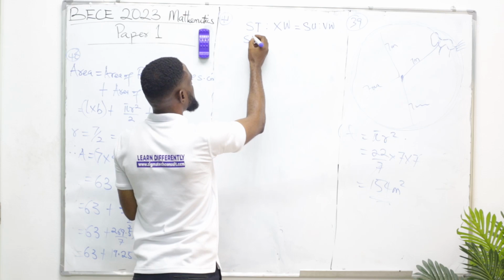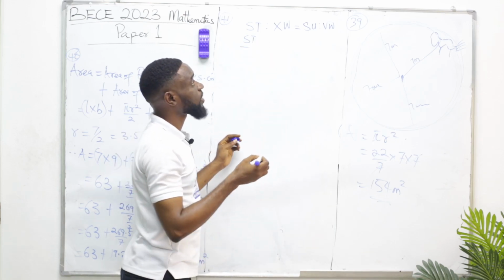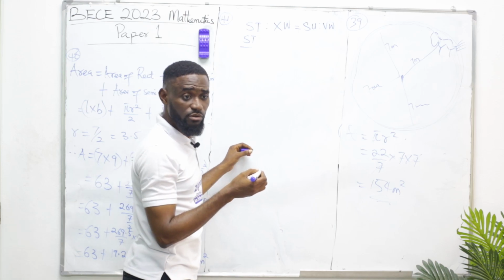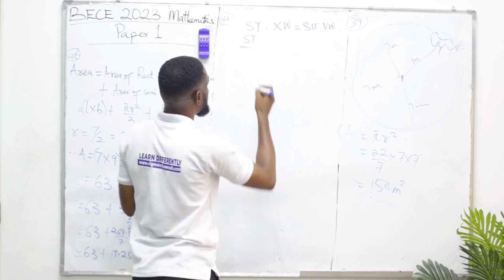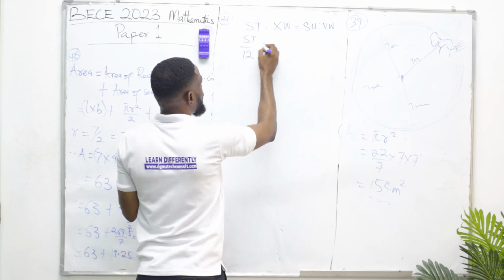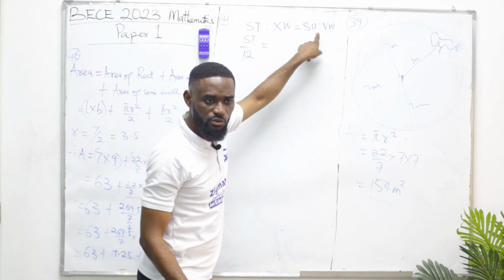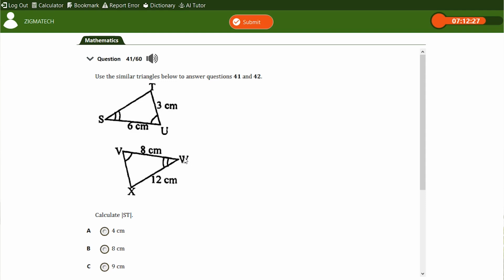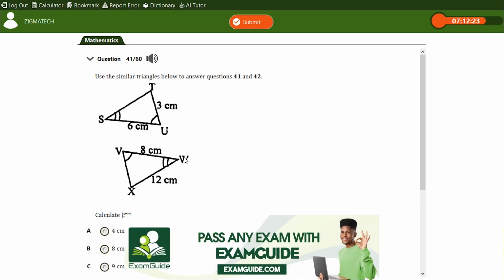So ST over XW, that is 12 cm, is equal to SU, 6 cm, all over VW, 8 cm. All right, you get that now?